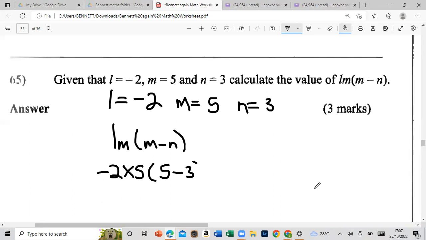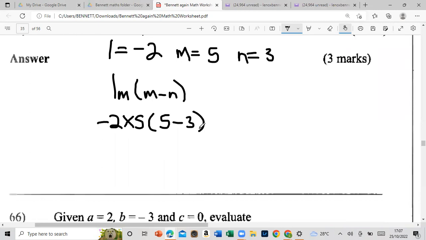According to the BODMAS rule, we must do the bracket first. So 5 minus 3, that will give us 2. Negative 2 times 5, that is negative 10. So negative 2 times 5 times 2 gives us negative 20.